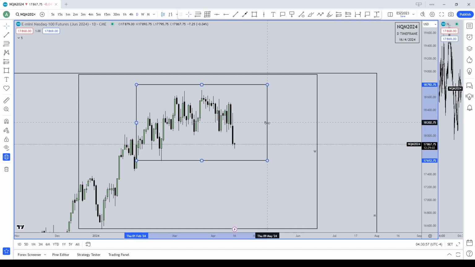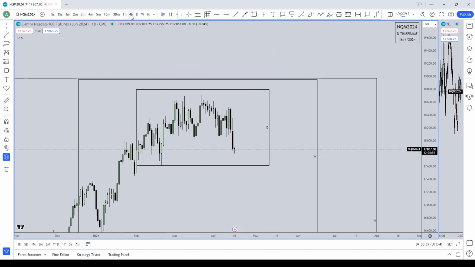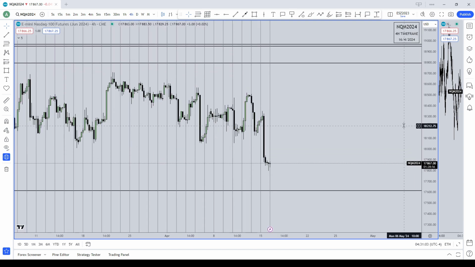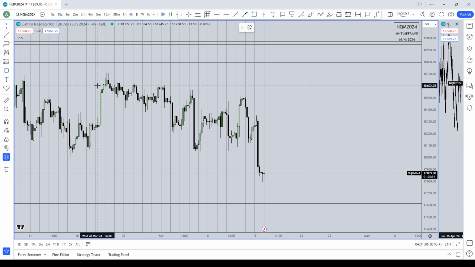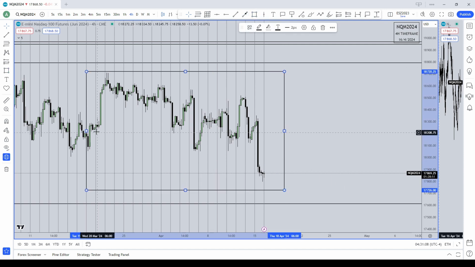And now if we change the time frame to the 4 hour, we are in the downtrend. Look at that. We are in the downtrend right now.